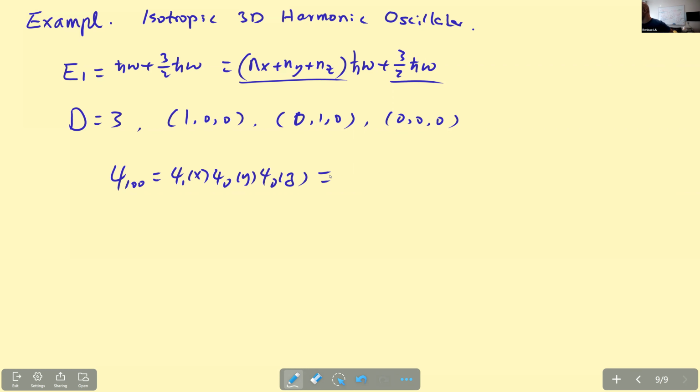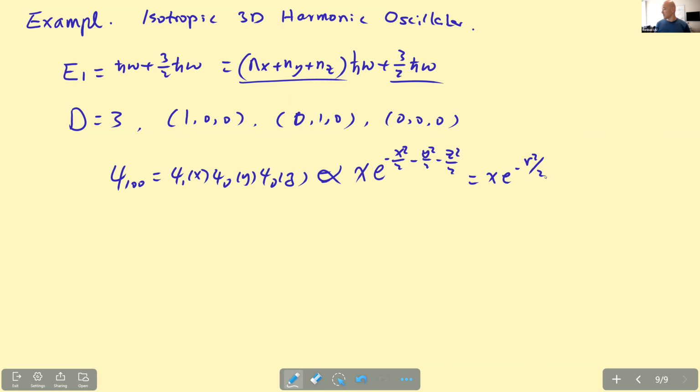So that is proportional to, let me forget those coefficients, x e to the minus x squared over 2 and minus y squared over 2 minus z squared over 2. So that's nothing but x e to the minus r squared over 2, right? Very simple.